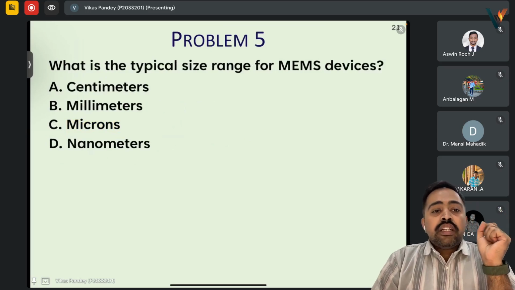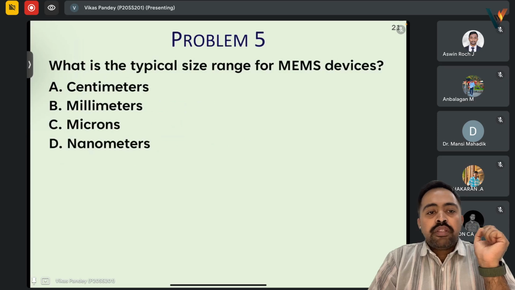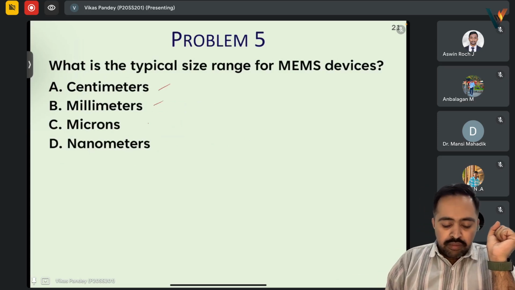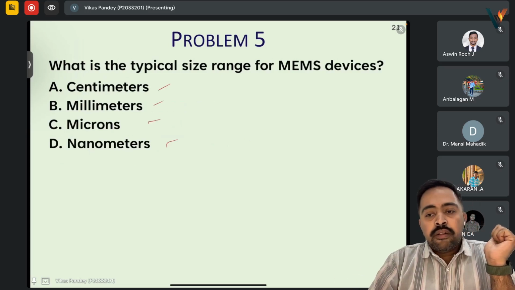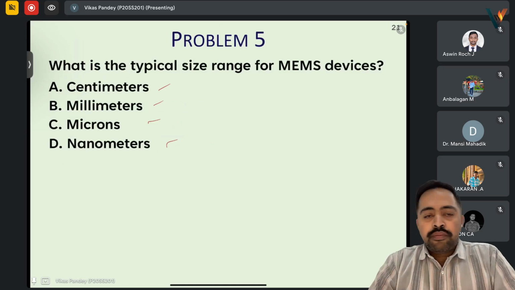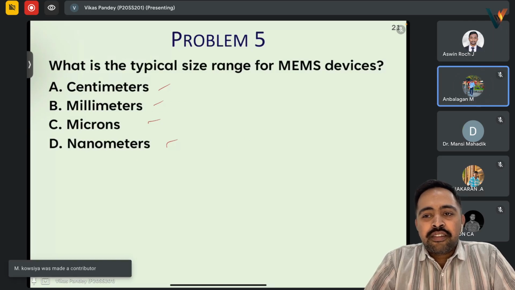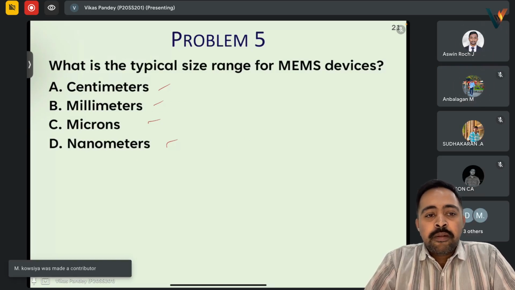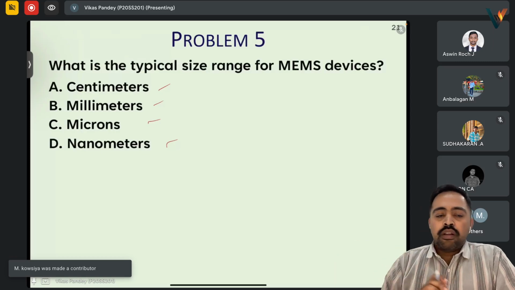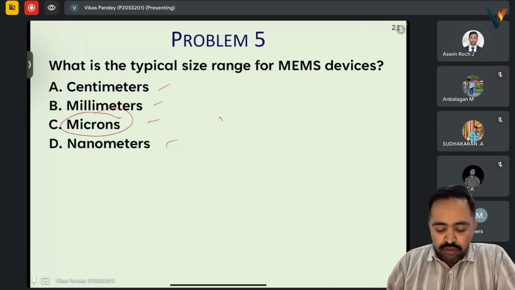What is a typical size range for MEMS devices? Centimeter, millimeter, micron, or nanometers? This is the first thing we discussed. Yes, Aswin. Micrometer. So don't get confused between the words microns and micrometer.